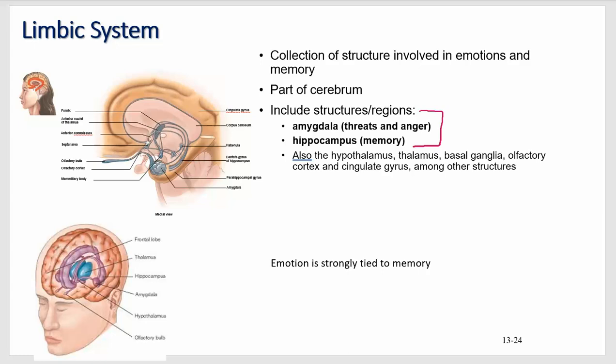Olfactory cortex, cingulate gyrus, which provides some of that meaning to emotional things. But anyway, they all work together, and together they're called the limbic system.